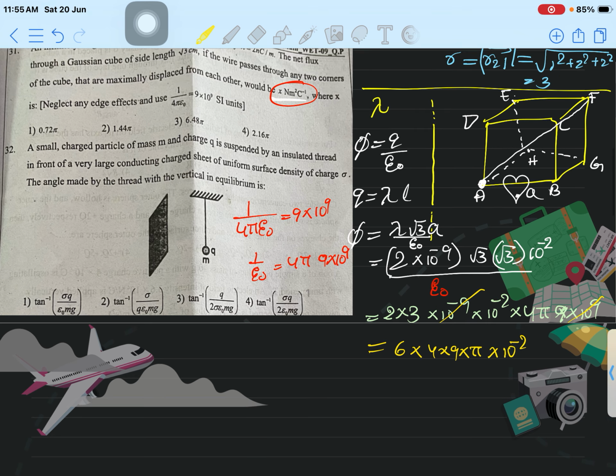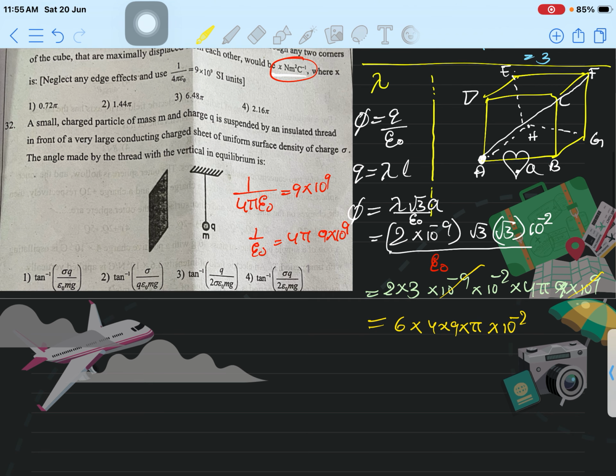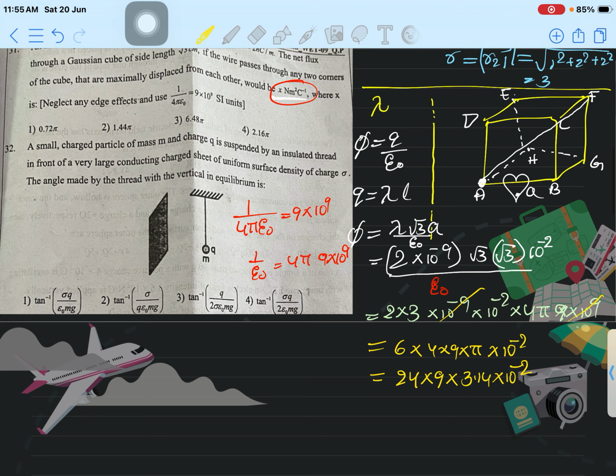Now they are asking x value, sir. So simply it will be 6 4s 24, 24 into 9. Oh, sorry. Options are given in terms of pi, so no need to convert this into a number like 3.14 into 10 power minus 2. You can leave it at pi.